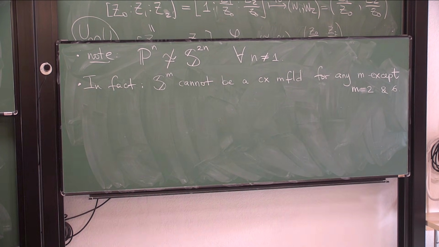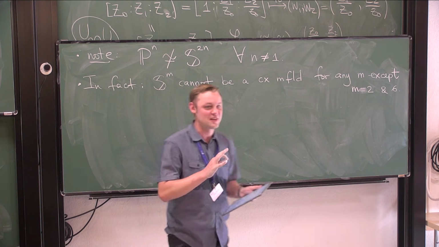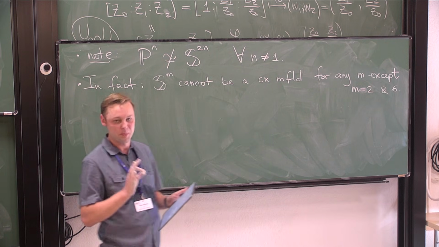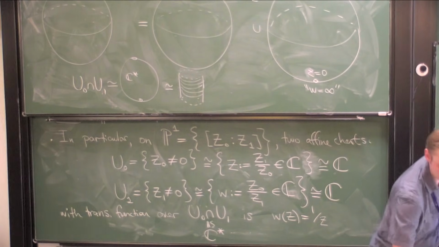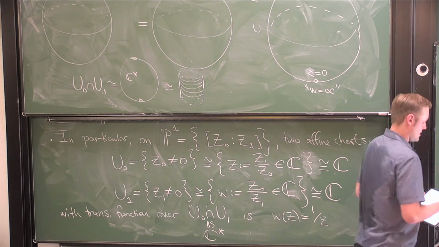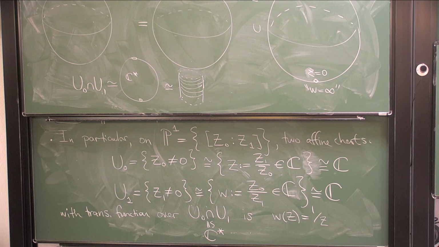All the other ones we can prove, not necessarily in the most straightforward way, but it can be done at a graduate level differential geometry course, that this is the case. For m equals 2, we know that it does admit a complex structure.